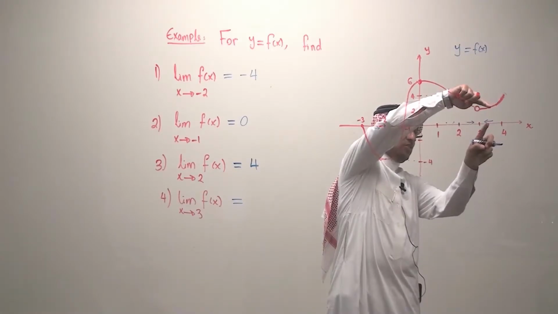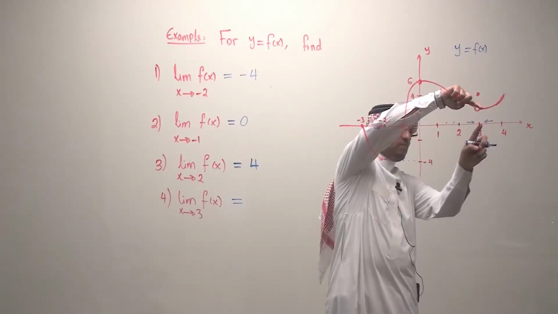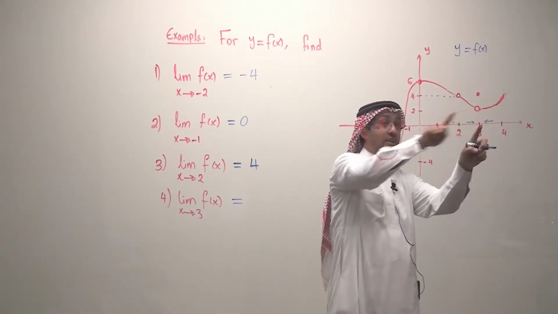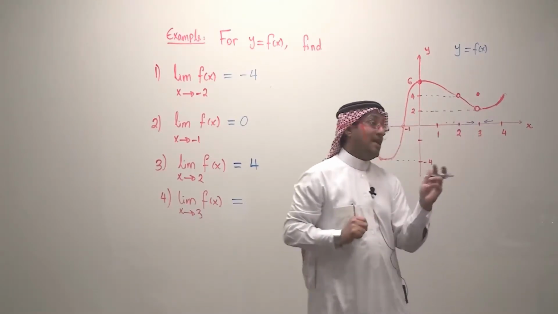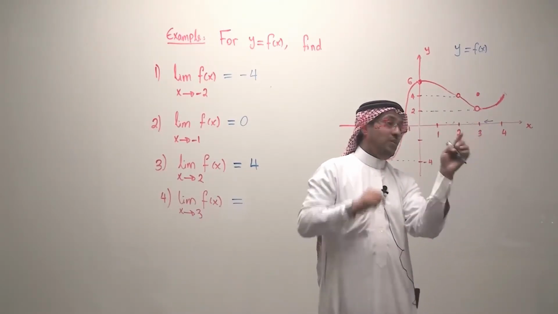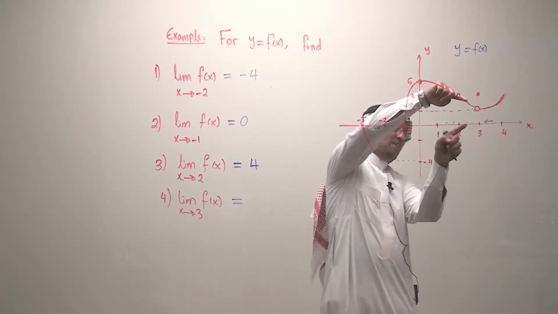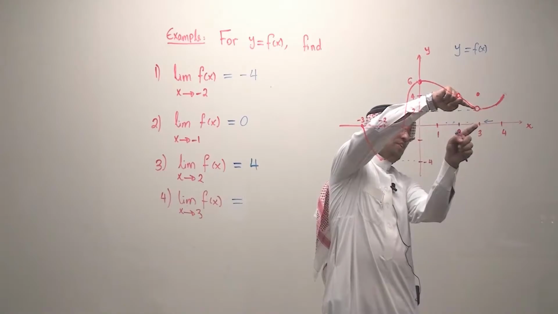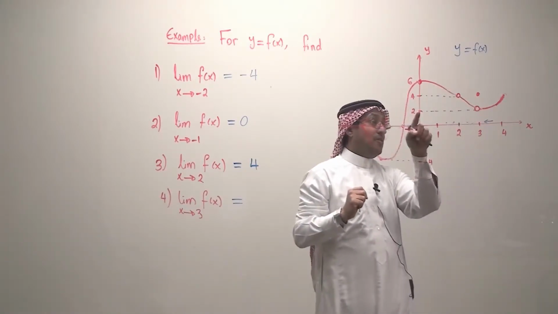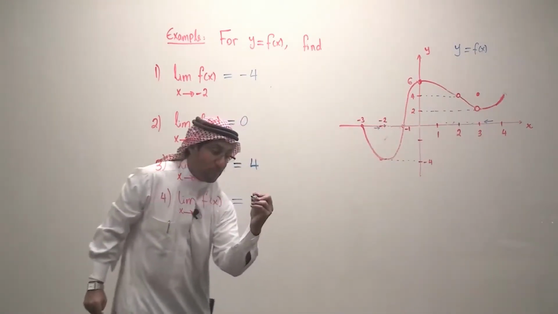As x approaches 3, the value of f(x) is approaching what? 2. Right? It is approaching 2. And similarly from this side, when I approach 3 from the left-hand side, look, I'm approaching the value 2. Okay, so it is 2.